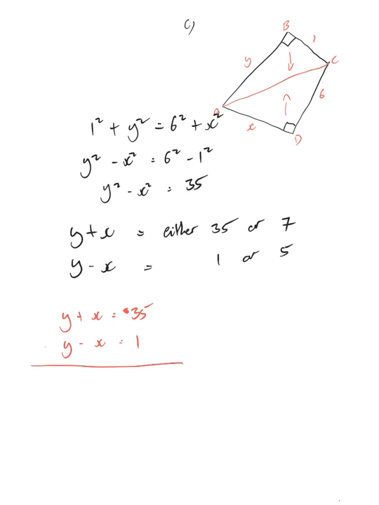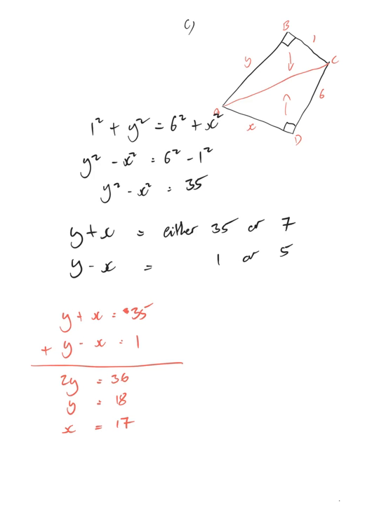I'm going to add these two equations. So what do I get? I get 2y equals 36. Therefore y equals 18. And substituting that value into either of the two equations above, I can therefore safely say that x must equal 17.